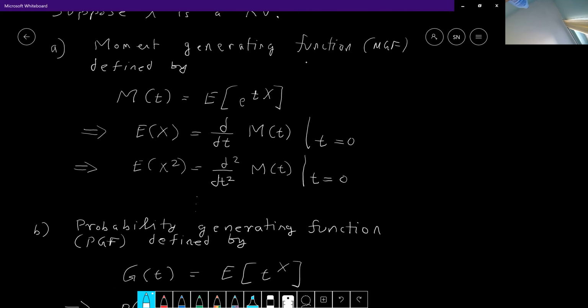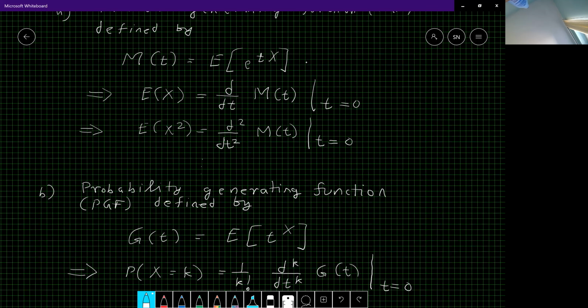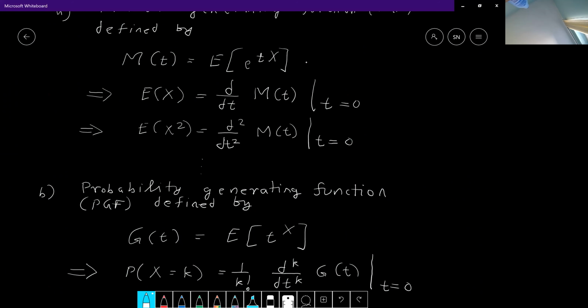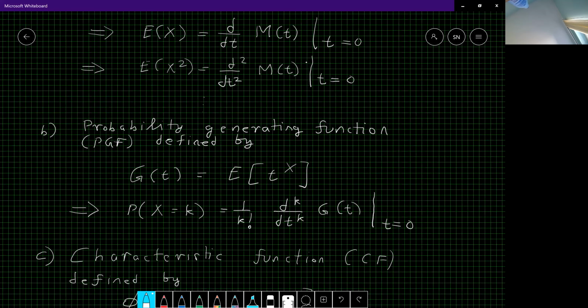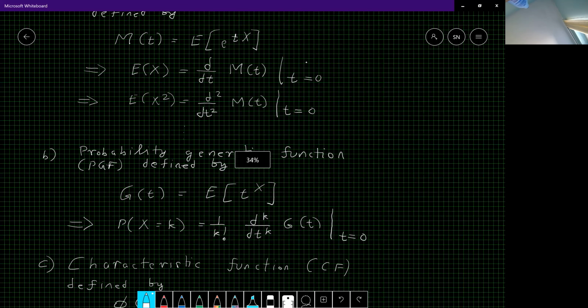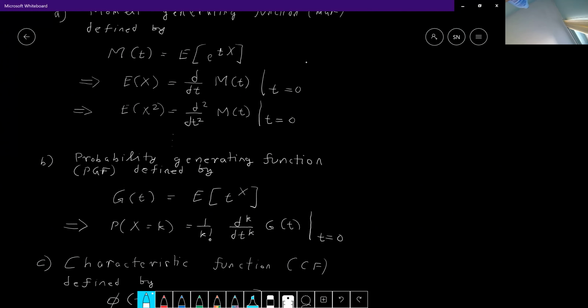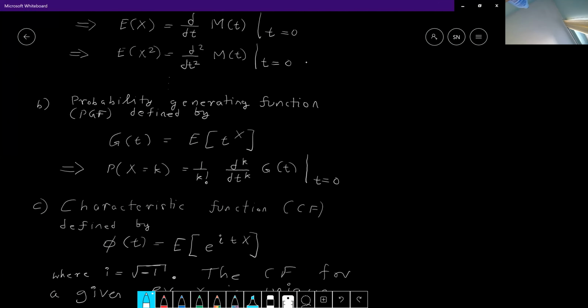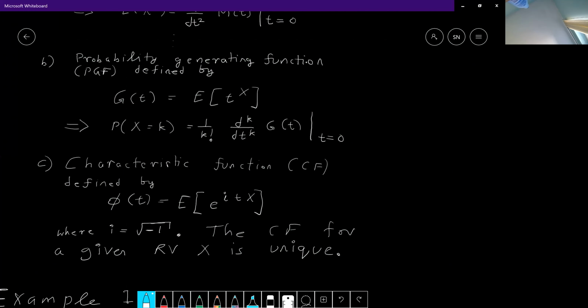The second one is called the probability generating function, or PGF, and is defined by G of t equal to the expectation of t to the power X. The reason it's called PGF is because it can be used to derive the probabilities, right? And the third one is known as the characteristic function.